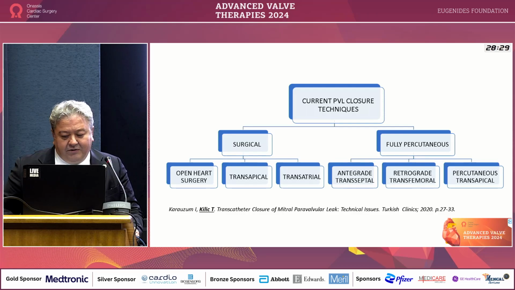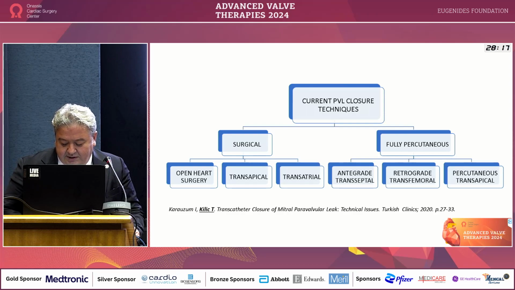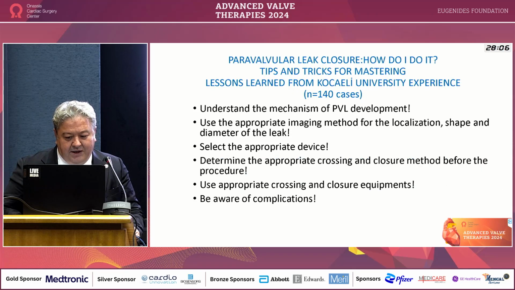But for me, percutaneous transapical is not a good option. It requires surgical skills and a hybrid room, and has a lot of complications, like the surgical transapical approach. So learning the antegrade transseptal and retrograde transfemoral techniques is very important.